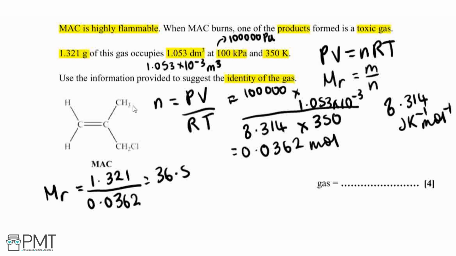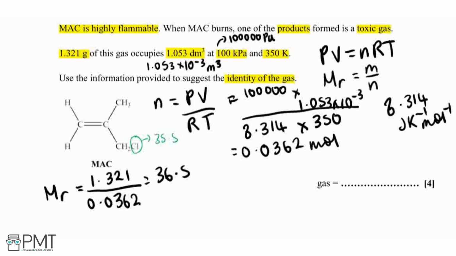Now to try and identify this gas here, we know that when we burn hydrocarbons, we normally produce carbon dioxide and water, and if it's incomplete combustion, we also could produce some carbon monoxide and some carbon particulates. But our compound MAC has got this chlorine atom in it. And chlorine has got an atomic mass of 35.5.